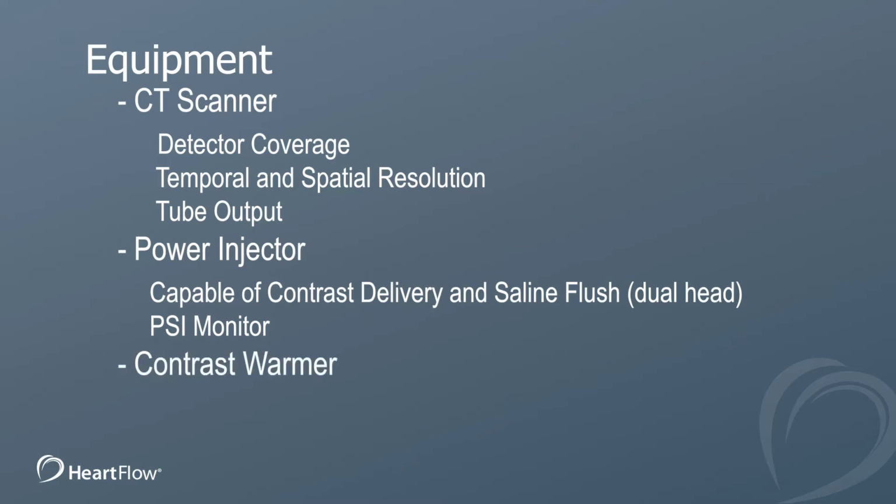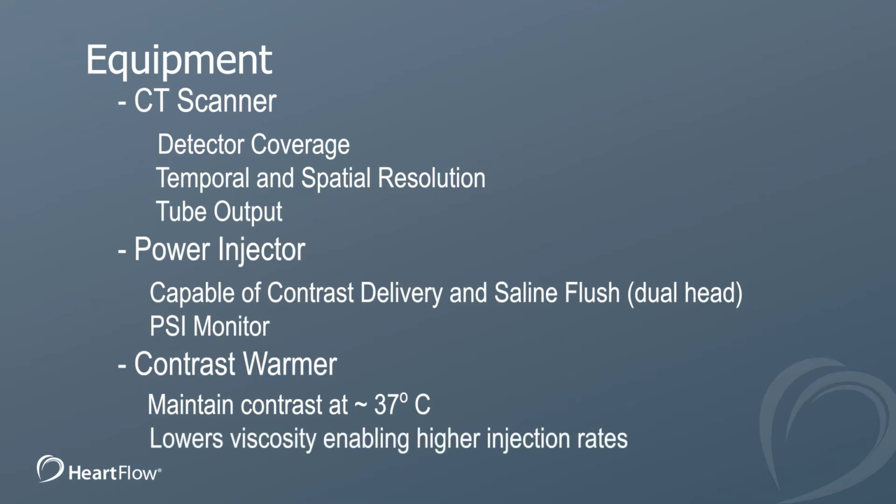Contrast warmer, as I mentioned, is very important. We typically maintain the contrast in a warmer at 37 degrees Celsius, roughly around that range, and it helps lower the viscosity, enabling higher injection rates without hitting the pressure limit on the power injector.